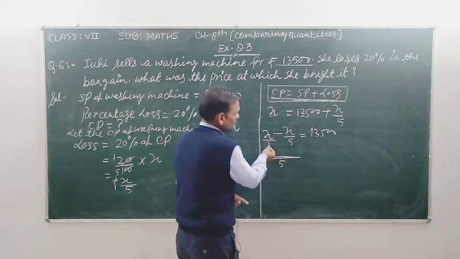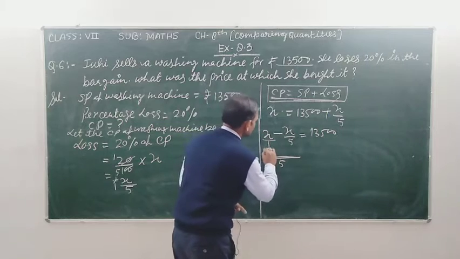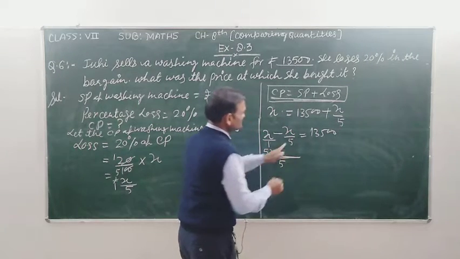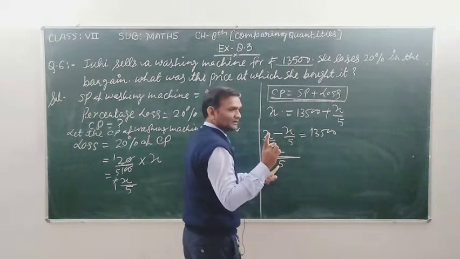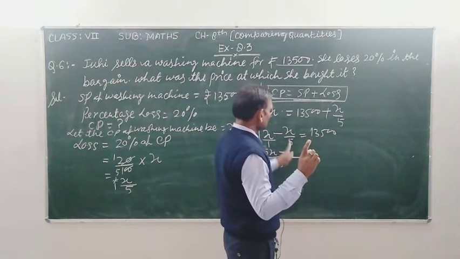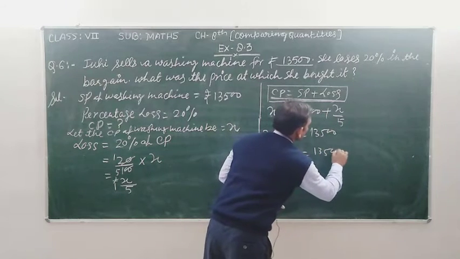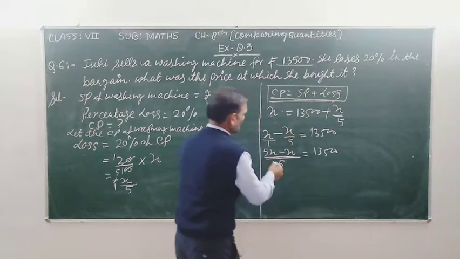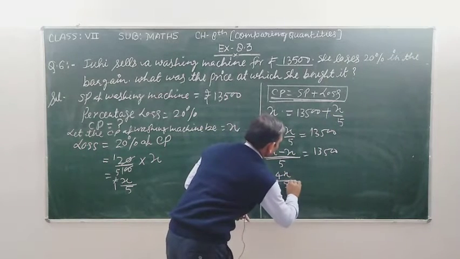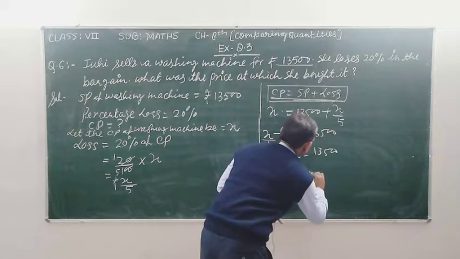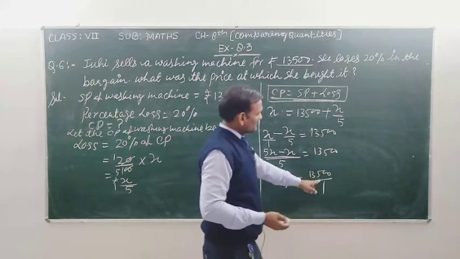So divide 5 by 1, 5 ones are 5, and by 5 we multiply in x, that is 5x, minus 5 by 1 is 5, 1 is the quotient, so we multiply 1 in x, that is x, is equal to 13,500. Now 5x minus x is equal to 4x upon 5 is equal to 13,500. Now you can make the denominator as 1.